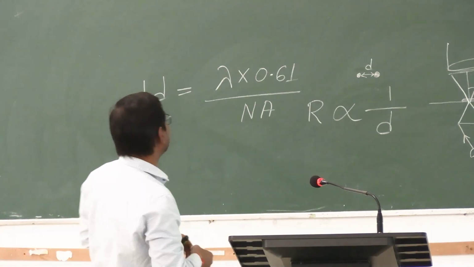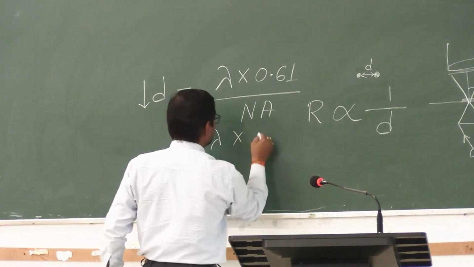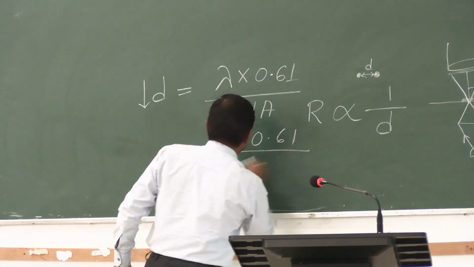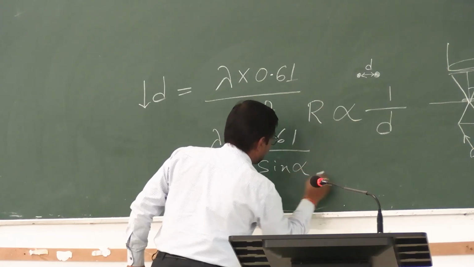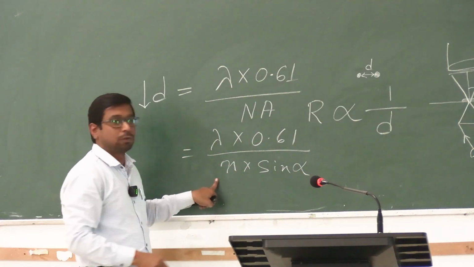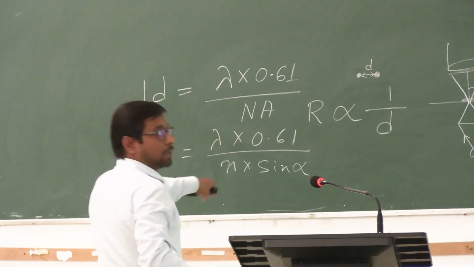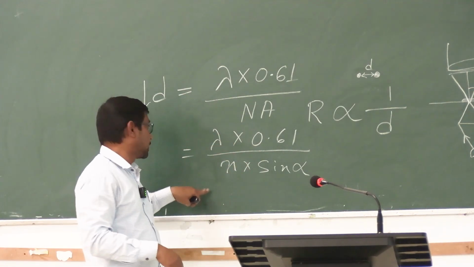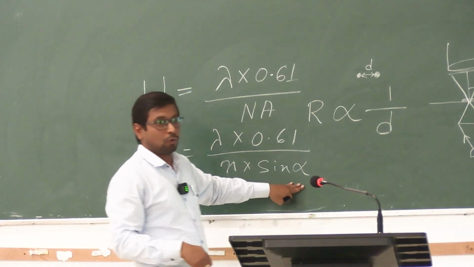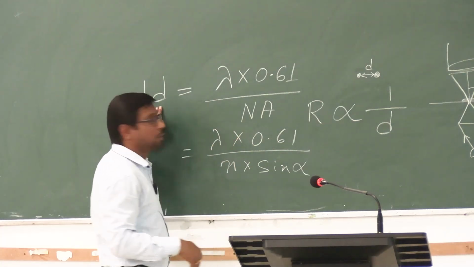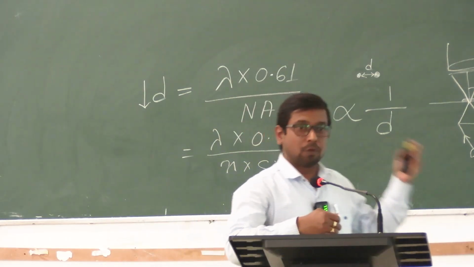Second, we can write it here: lambda into 0.61 over n into sin alpha. This n should be higher, because it is in the denominator. In the mathematical calculation you can understand this is at the bottom, right? That's why this should be higher, then only this value will be low, and if this value is low, obviously R will be high.